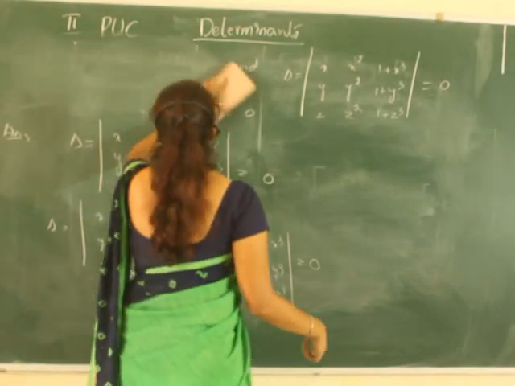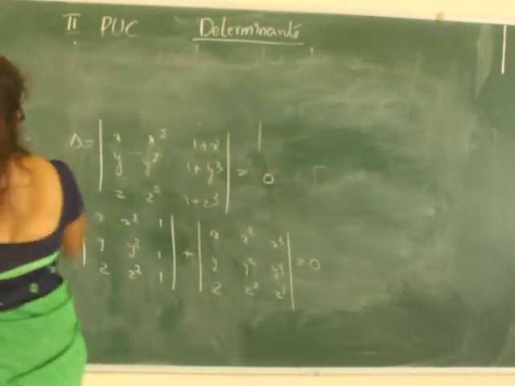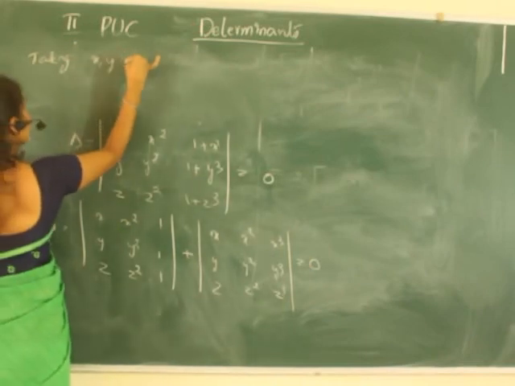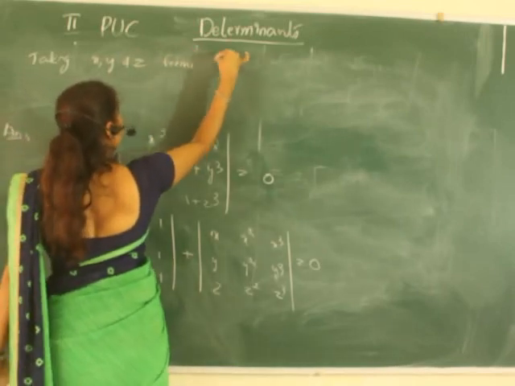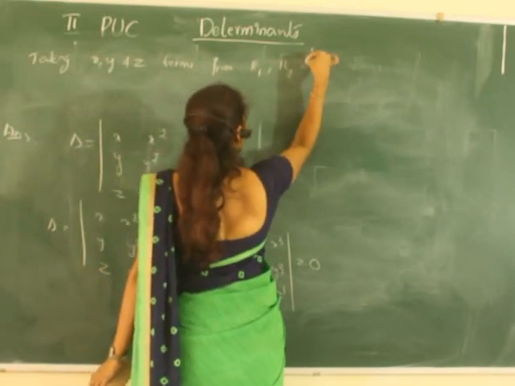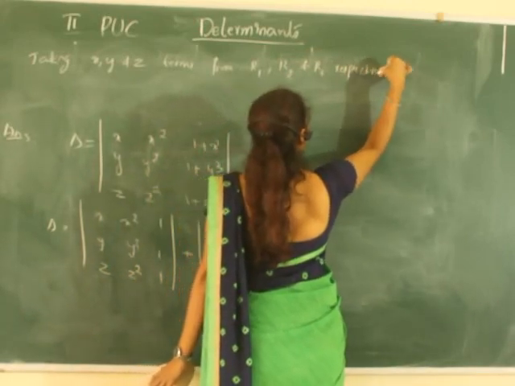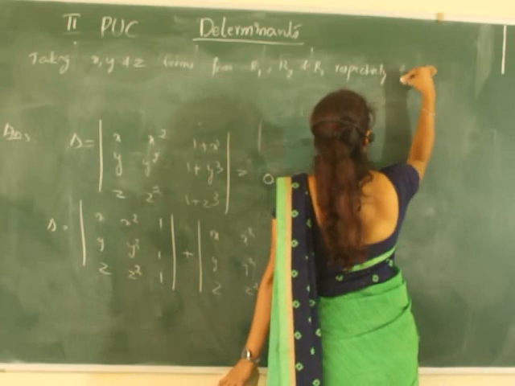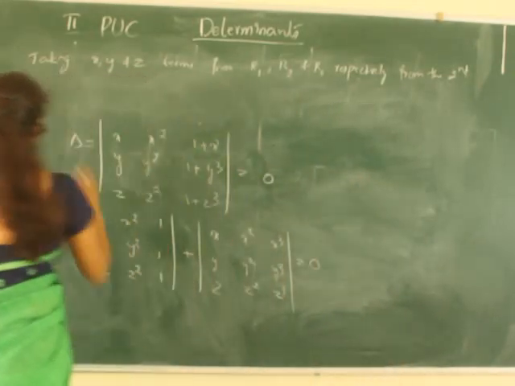So I can take the common terms x, y and z from R1, R2 and R3 respectively from the second determinant.